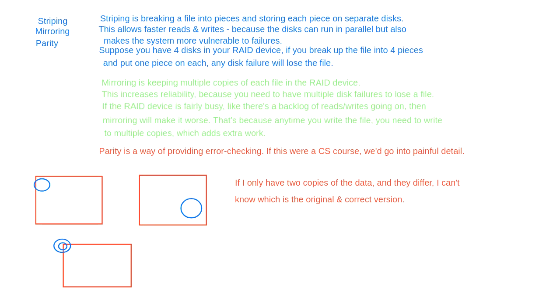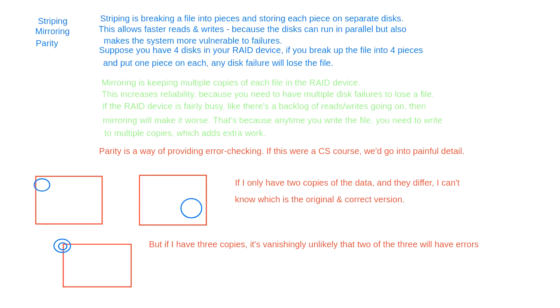If I have 3 copies, it's vanishingly unlikely that two of the three will have errors in the same data. So having a third copy makes it pretty easy to detect an error.